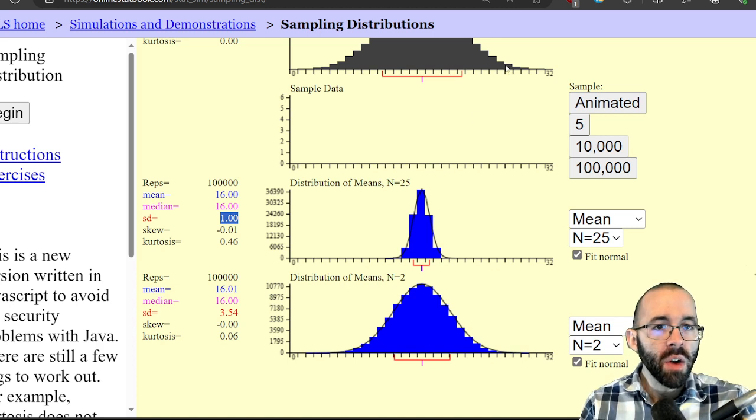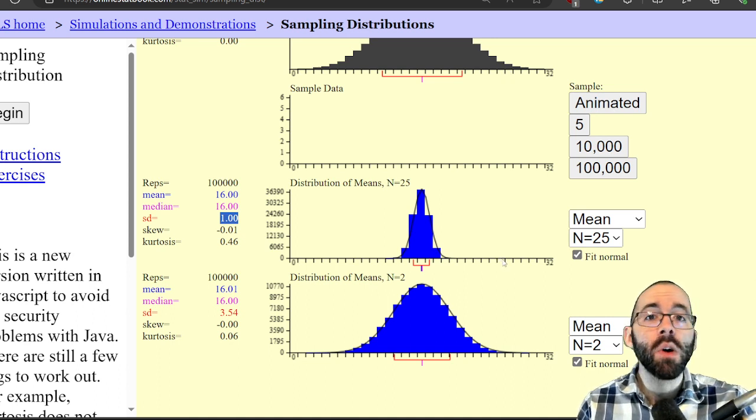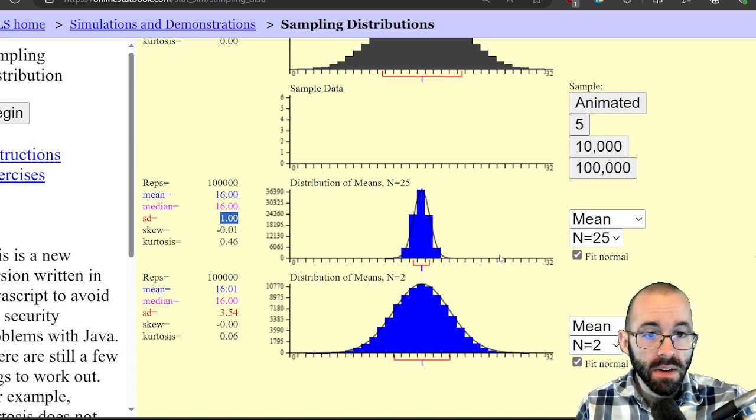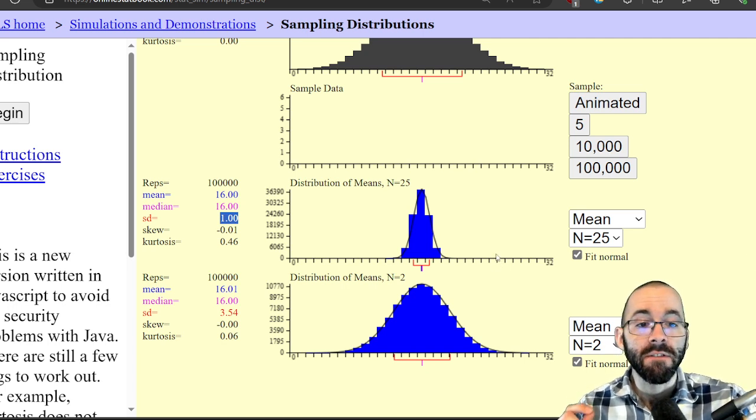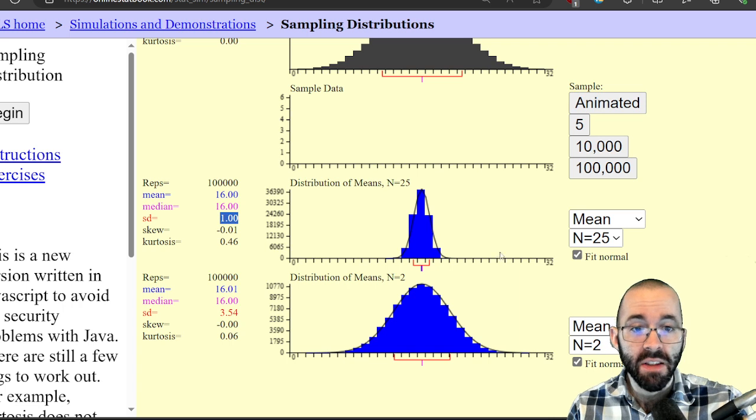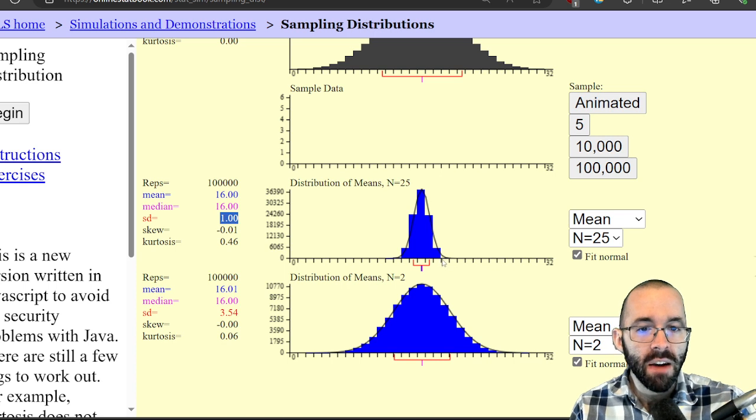But even though for one watermelon it was possible, but unlikely, to be like 25 pounds, it's almost impossible to take a sample of 25 watermelons and have them average 25 pounds. It's even really rare to have a sample of 25 watermelons average like 19 pounds.